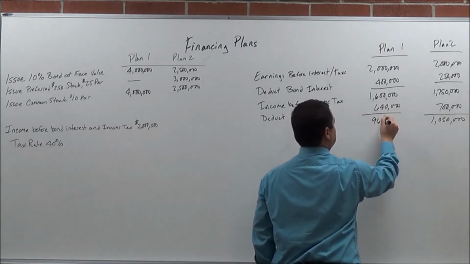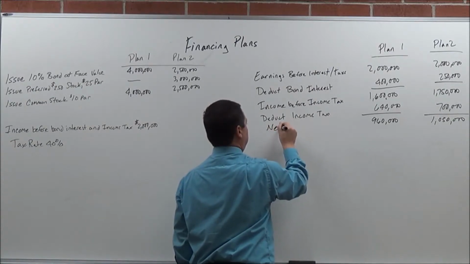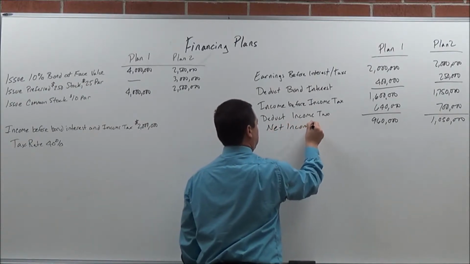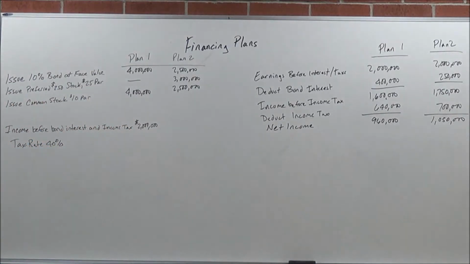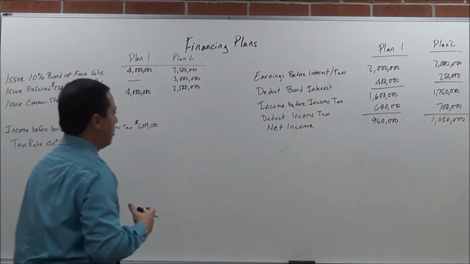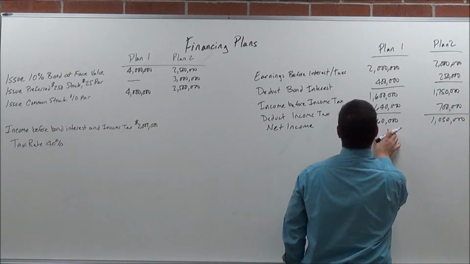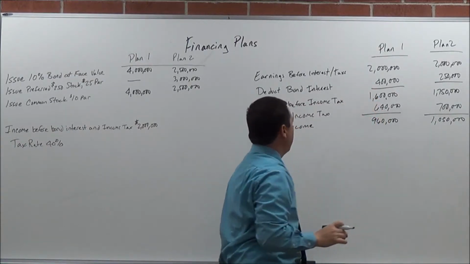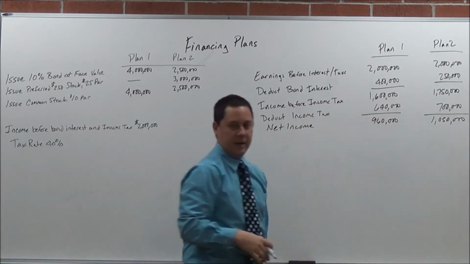This will give me 960,000 and 1.05 million, which is our net income. As you can see, we have two different values. Plan 1 is a little lower because we had a higher deduction for our bond interest than on Plan 2. And that's the difference there.